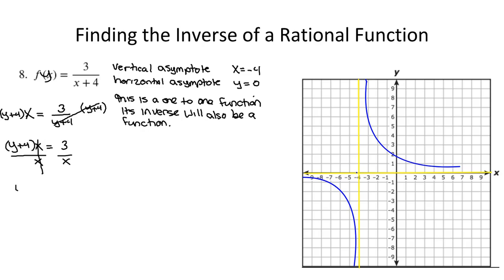That's going to leave me with y plus 4 is equal to 3 over x. And now all I've got to do is subtract 4 on both sides to get the y by itself. I'm going to end up with y is equal to 3 over x minus 4. And then when I write that in notation, f inverse of x is equal to 3 over x minus 4.